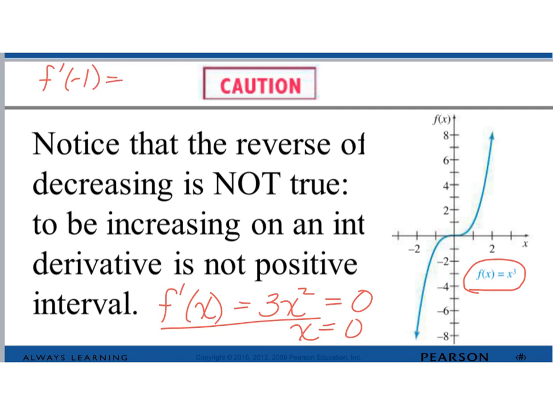Because f prime of negative 1 would be 3 times negative 1 squared, and that's positive. And f prime of positive 1 is equal to 3 times positive 1 squared, which is also positive. And even though it appears that x equals 0 is a critical value, it actually isn't. It is a critical value only if it meets the criteria.